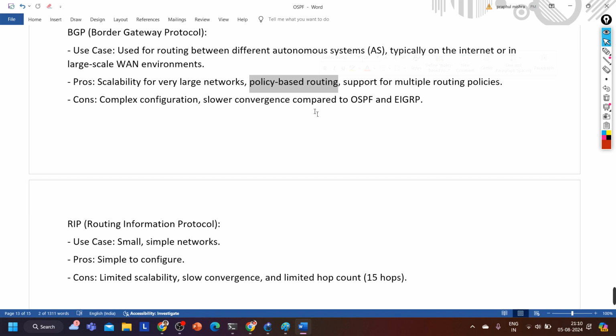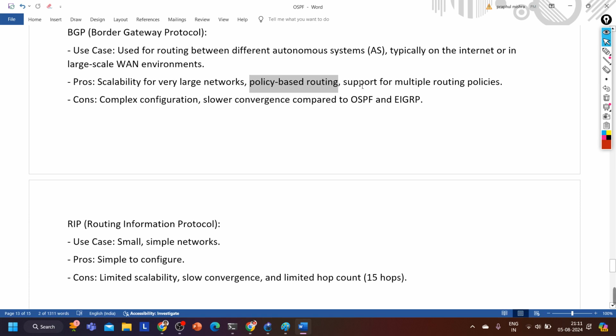But when you learn BGP, you will see there are lots of attributes available, right? So according to the requirement, we can manage the routing protocol, BGP, right? BGP is a more flexible routing protocol as compared to OSPF for policy based routing. Even BGP is more flexible than any other routing protocol in terms of policy based routing.